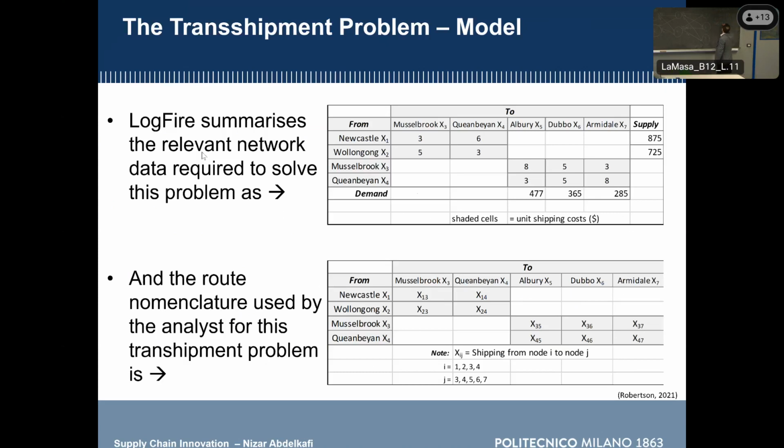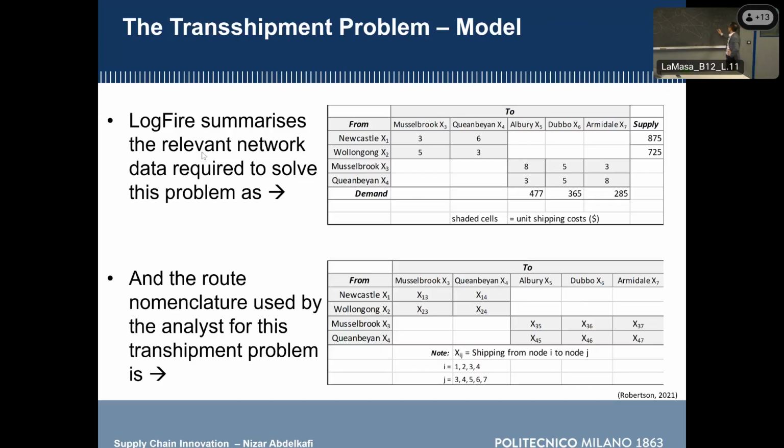Okay, then we have the supply hubs. This is capacity of the supply hubs. x35 plus x45 equal to the demand at 5, so it's 477. Right?